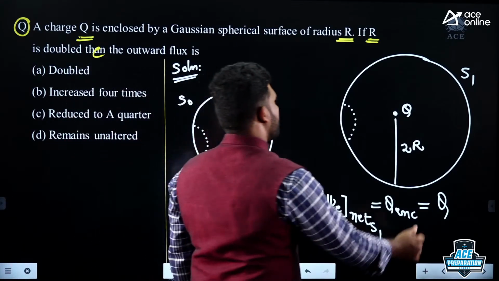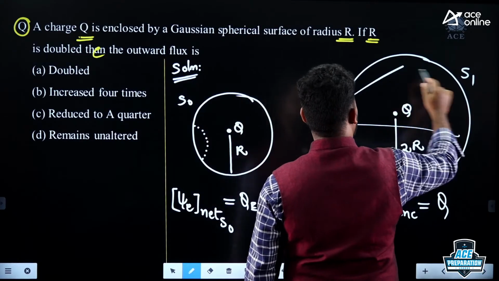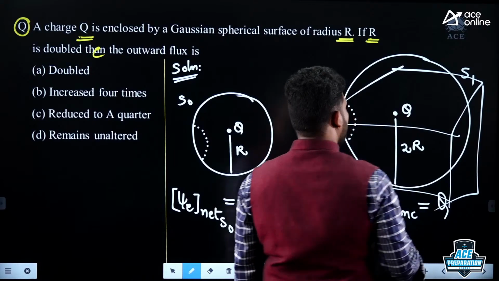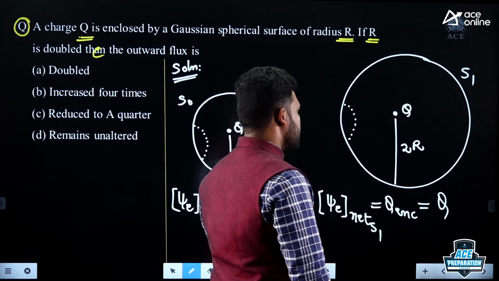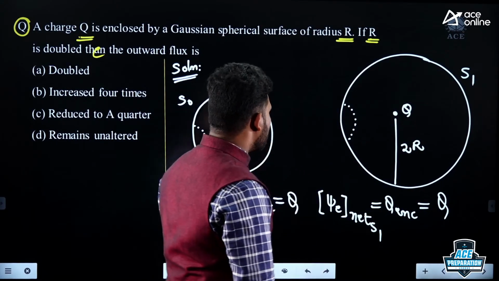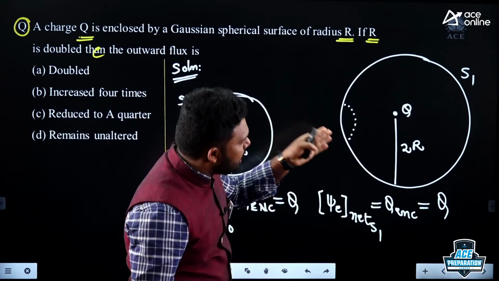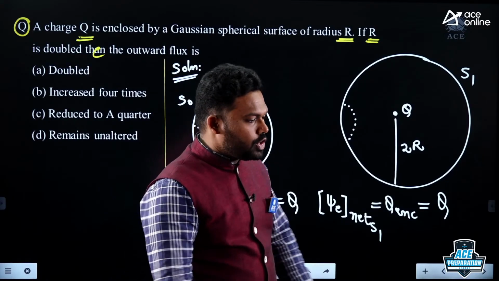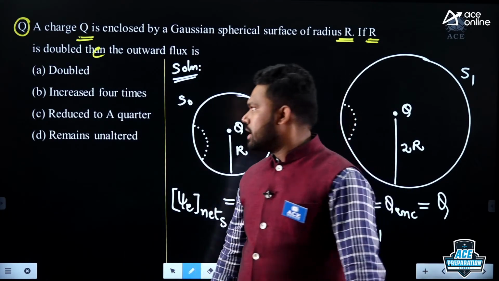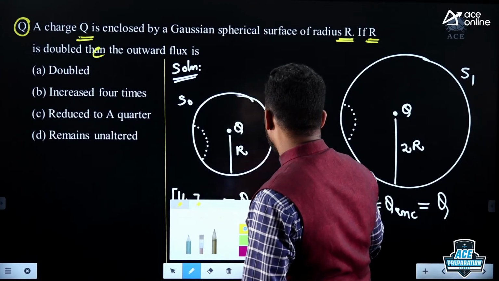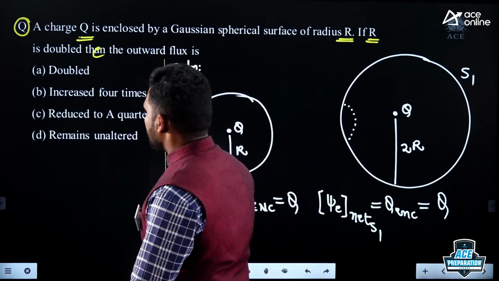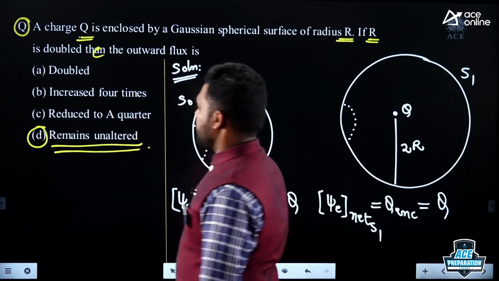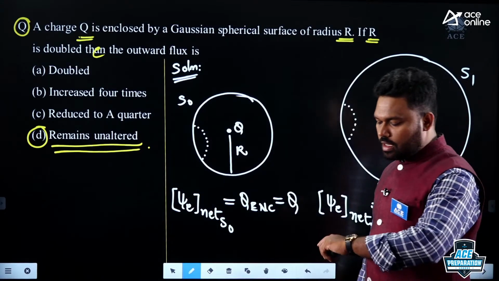Instead of this, suppose you have something like a box kind of thing, the charge enclosed by that is also Q. Same thing. So if the charge enclosed is the same, the net flux will be the same. The shape of the Gaussian surface doesn't matter. You can answer this directly, but I have shown it visually. Remains unaltered is the answer. Okay friends, let us have one more question.